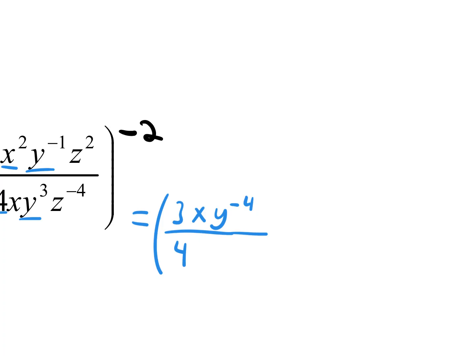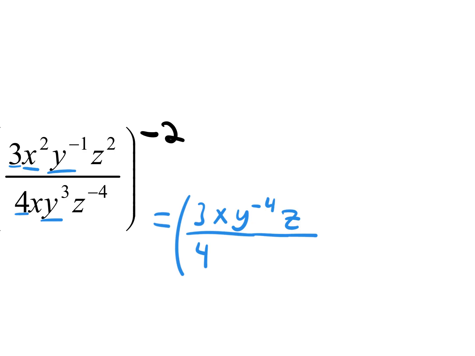And then what about the z's? Okay, so we can do something similar. You have options here. You could either apply your rule of subtracting, or you can move this to the top. And when you do that, you should get z to the +6 no matter what. And this is all to the -2.